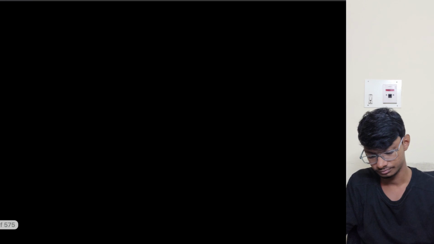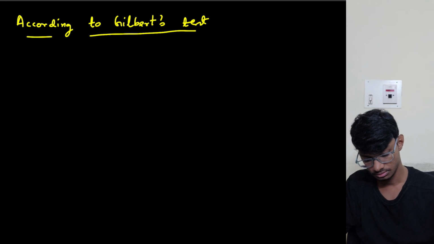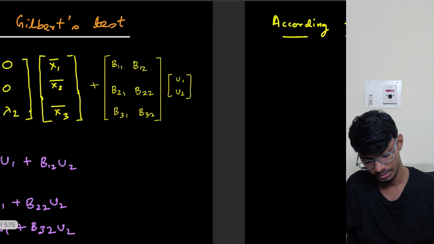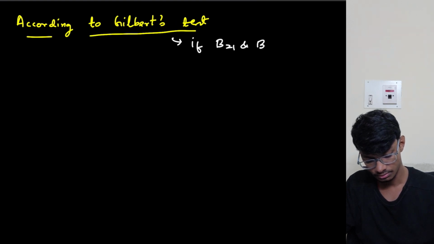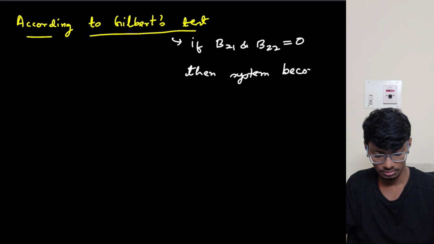According to Gilbert's test, if b21 and b22 become 0, then the system becomes uncontrollable.